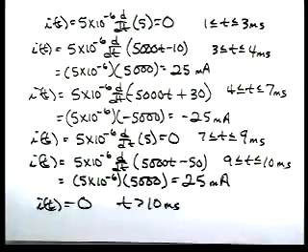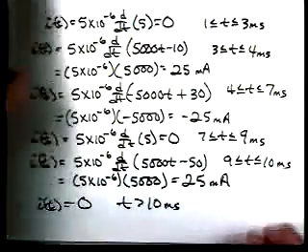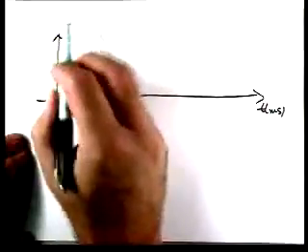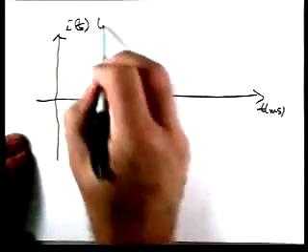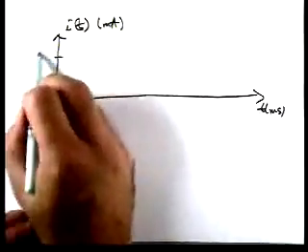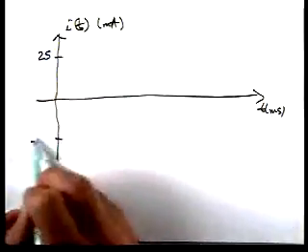So now, let's sketch that current waveform. I of t in milliamps, time in milliseconds. We're basically going to go between 25 milliamps and minus 25 milliamps.